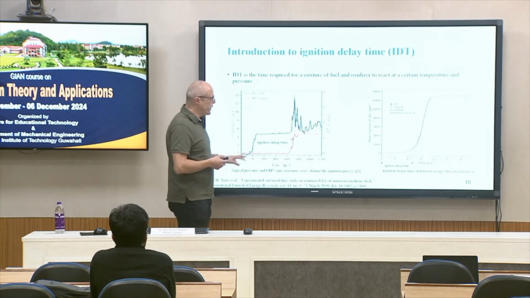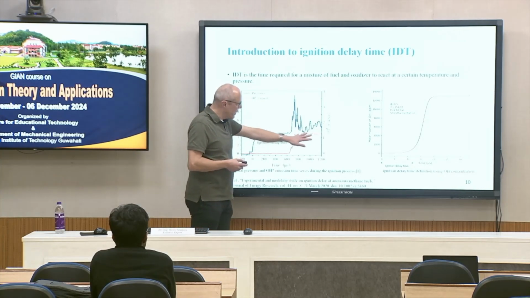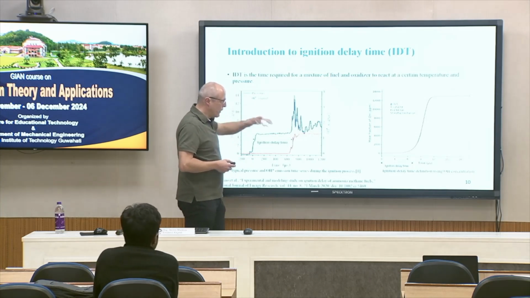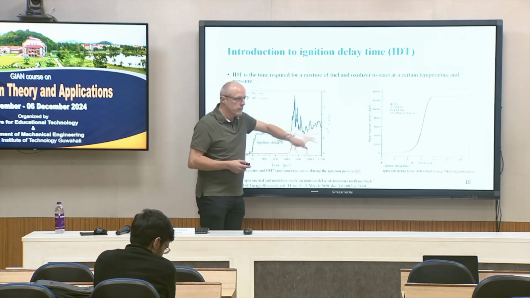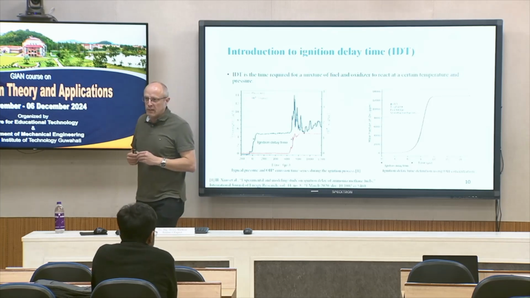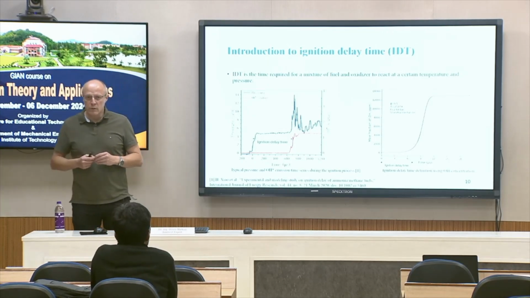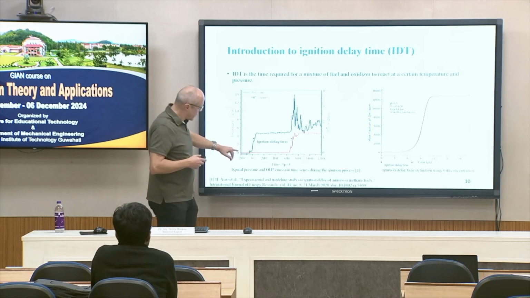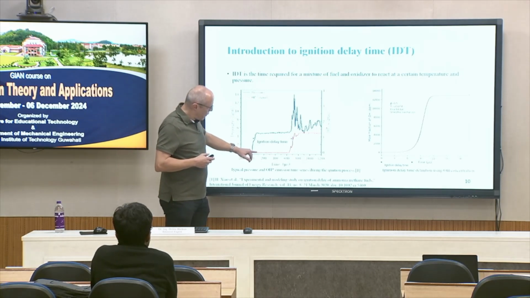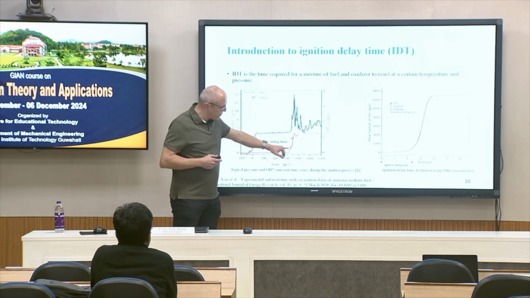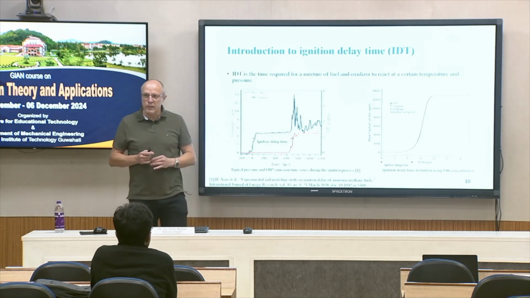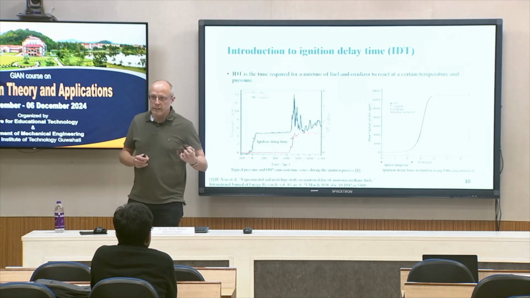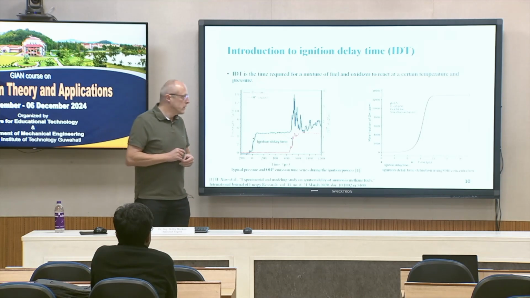In this specific experiment, they also measured the chemiluminescence of OH radicals using an optical sensor. So you can see, okay, no OH, no OH, no OH, and suddenly you can see an increase of OH. So here ignition has taken place.